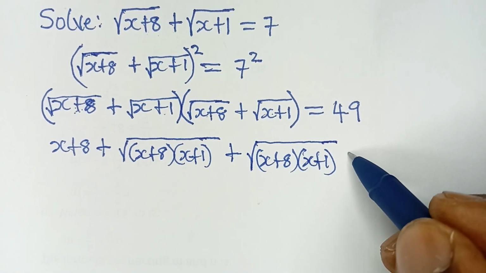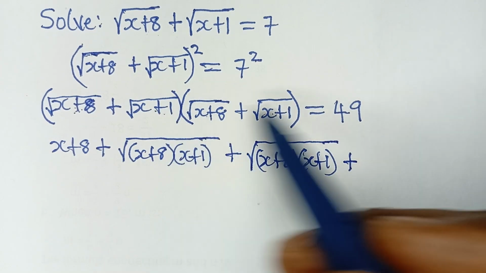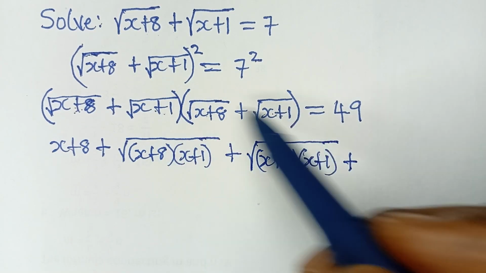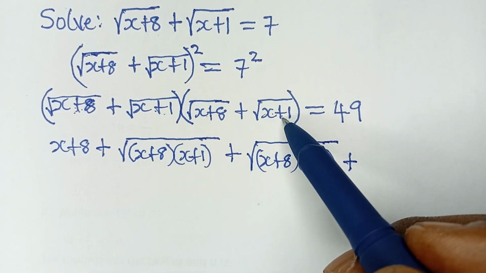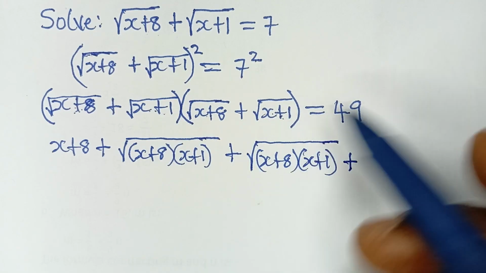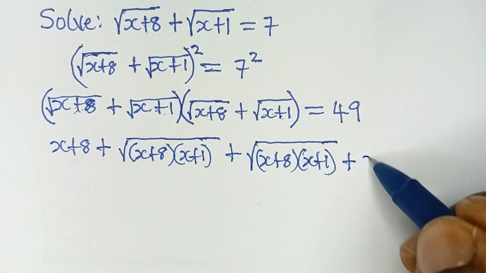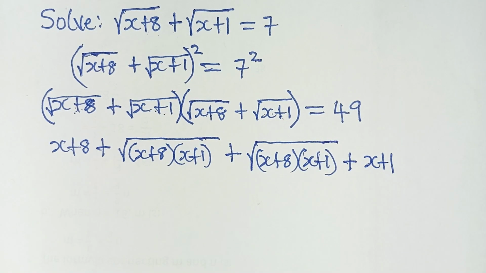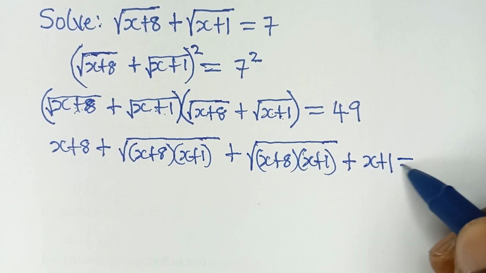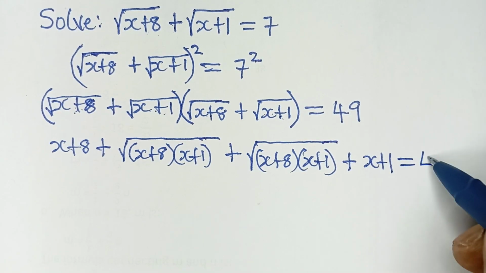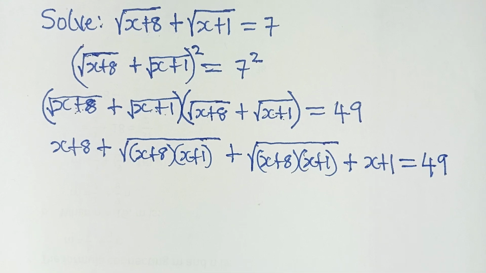And then plus this multiplied by itself, because they are the same term in the root sign, we simply take what is inside. So I'm going to say plus x plus 1. And everything should be equal to what we have on the right hand side, which is 49.